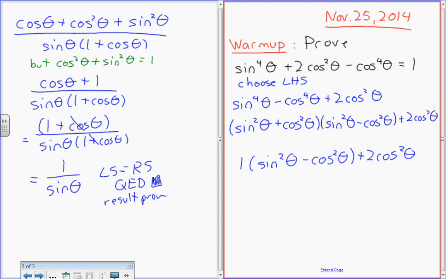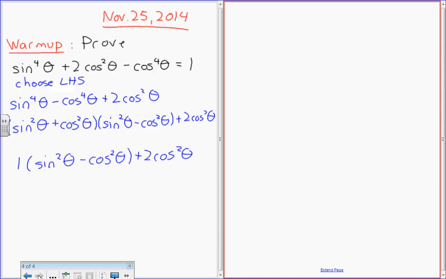Okay, I'm getting just about giddy. I'm so happy so far. Can I get someone else to be brave and tell me how this is good? Okay, you two are out. Somebody third. So I have sine squared theta minus cos squared theta plus 2 cos squared theta. What can I do? Could you bring the cos out? Yeah, good.